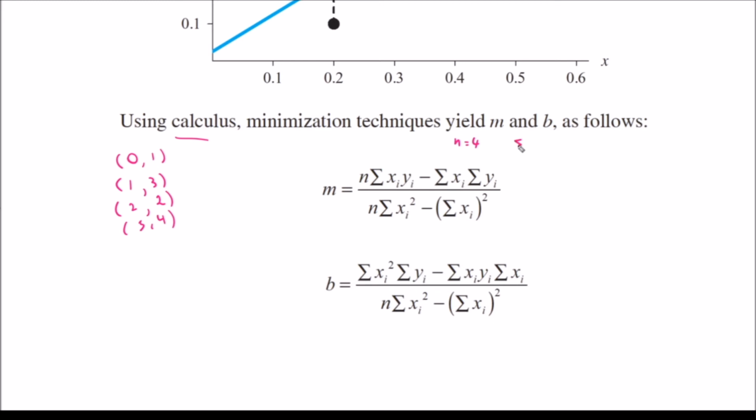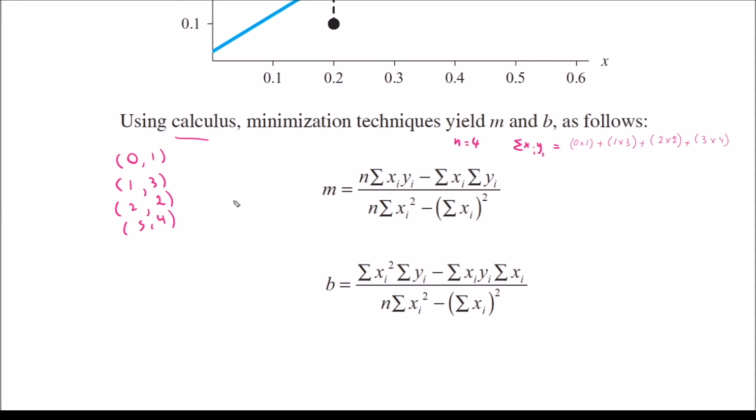So what does this mean? Sum of xi yi. What is that equivalent to? Well, that would be equivalent to nothing but this. So x and y, I multiply. So it is 0 multiplied by 1, that is the first term, plus 1 multiplied by 3, that's the second term, plus 2 multiplied by 2, third term, plus 3 multiplied by 4.